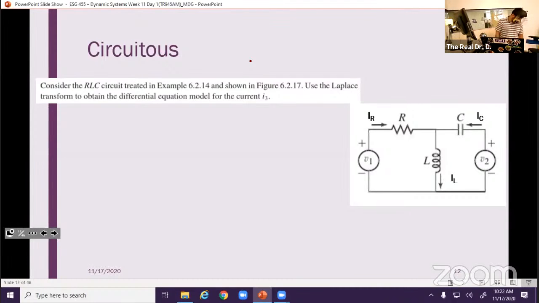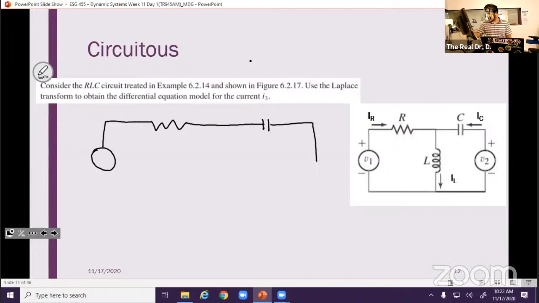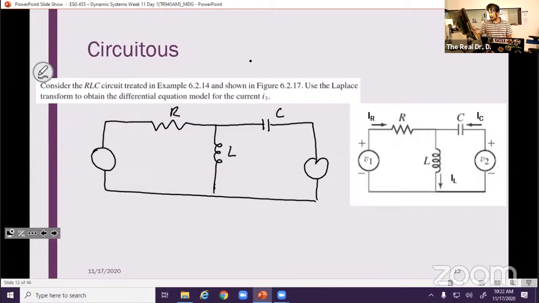Okay, so start with our diagram. Well, in the interest of saving space, Dr. D will just do it the way that he wants you guys to do it. So we redraw our circuit. I've got some currents coming through here.